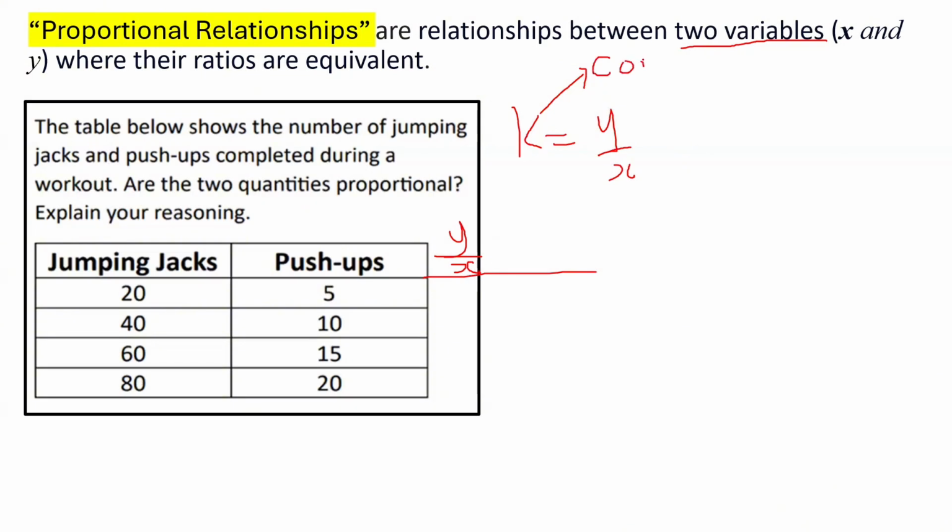Let me write it right here. This is constant, and this is n right here, constant of. I'm just going to write PRO and some dots for proportionality. To find k, we divide y by x.